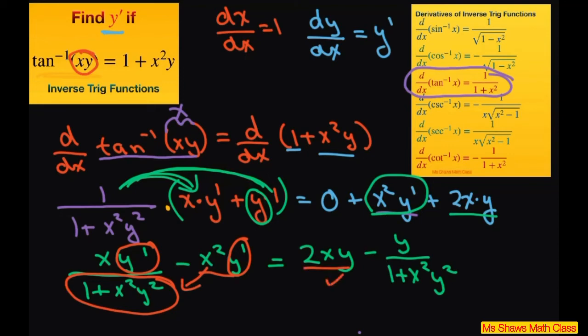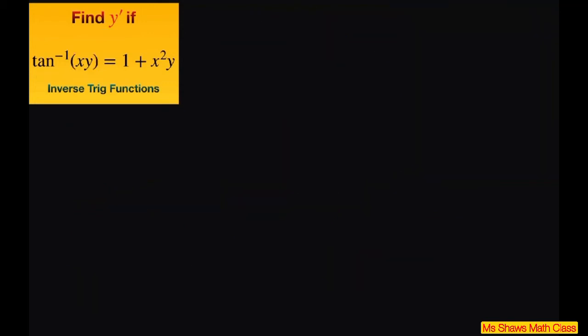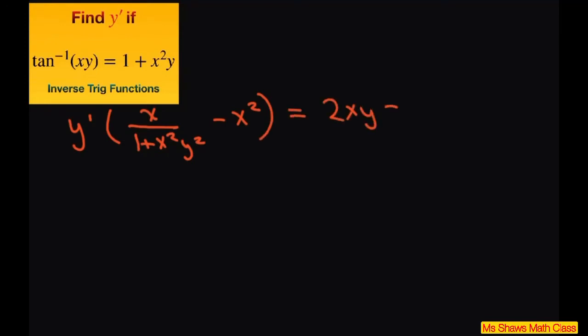So this is going to give me y prime times, well, let me just write this as x divided by 1 plus x squared y squared minus x squared. So that's just factoring out the y prime. Then we have our 2xy minus y divided by 1 plus x squared y squared.